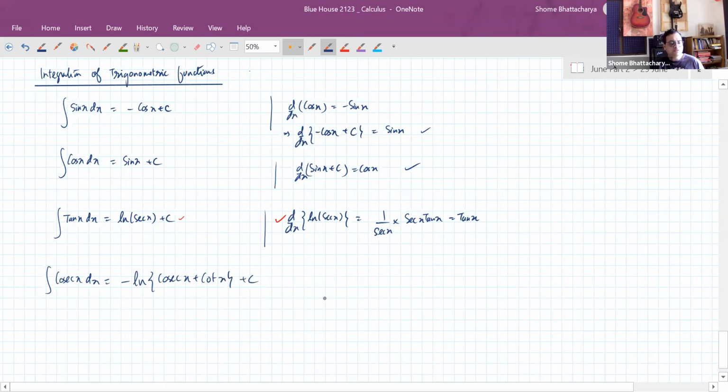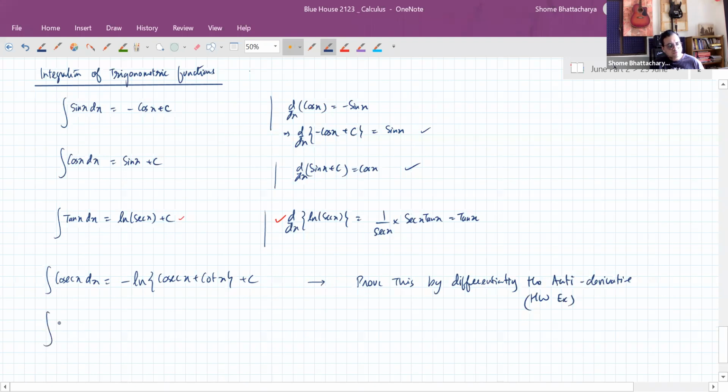And you can use a similar method of differentiation by chain rule to prove this. So you can do that as a review exercise, and do that as a homework exercise yourself.